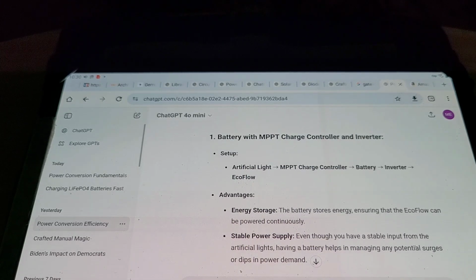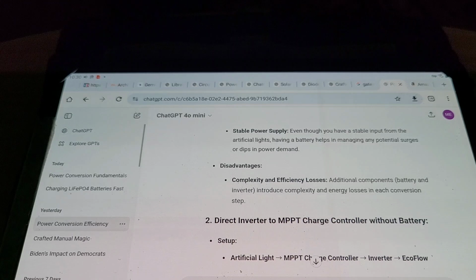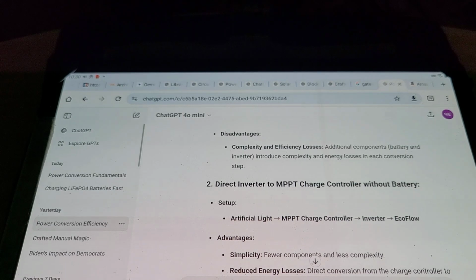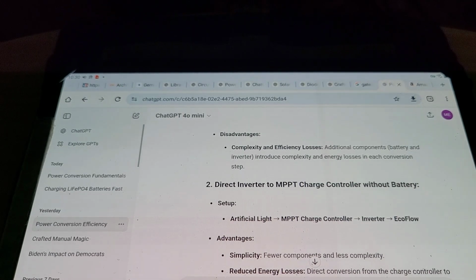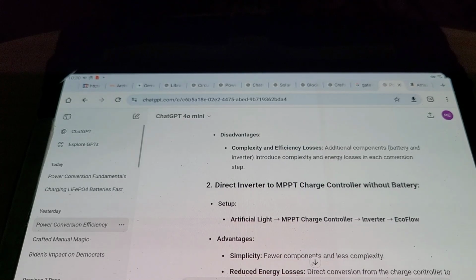The battery stores energy, ensuring that the EcoFlow can be powered continuously. Stable power supply. Even though you have a stable input from the artificial lights, having a battery helps in managing any potential surges or dips in power demand. Disadvantages: complexity and efficiency losses. Additional components, battery and inverter, introduce complexity and energy losses in each conversion step.